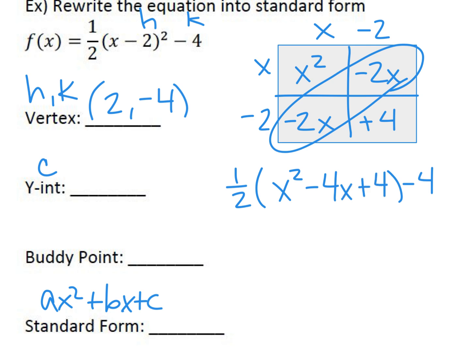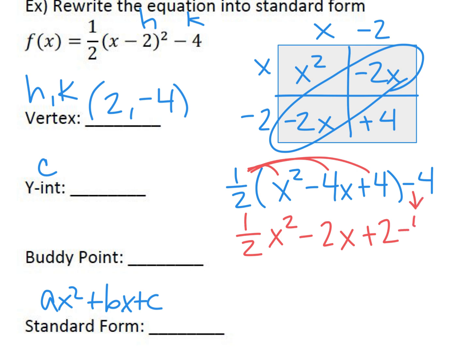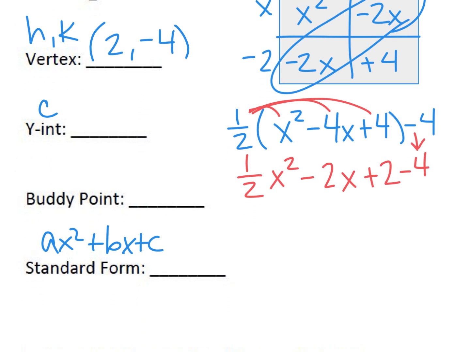So now we do have a number outside. We have an a. So we're going to distribute. So we have half x squared. What's half of negative 4? Negative 2. Don't forget the x. And half of a positive 4 is a positive 2. And I've got to bring this 4 down.